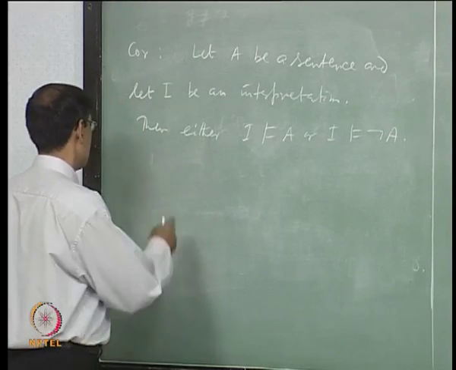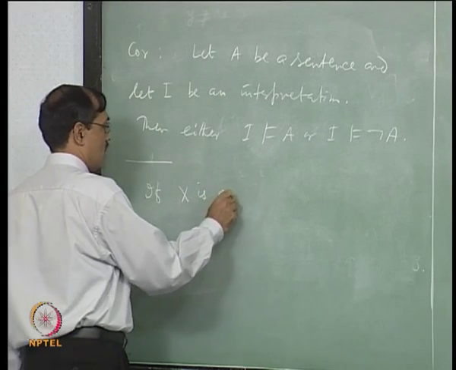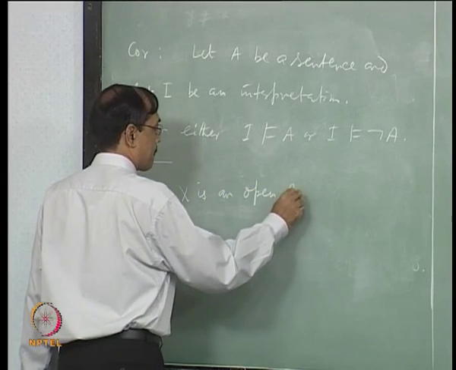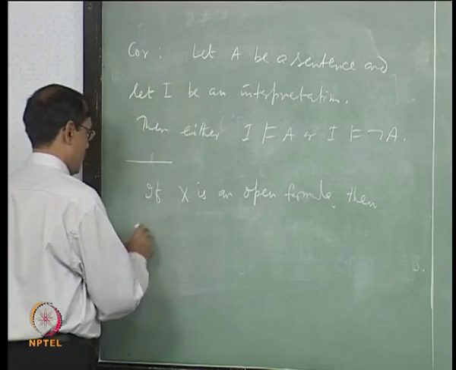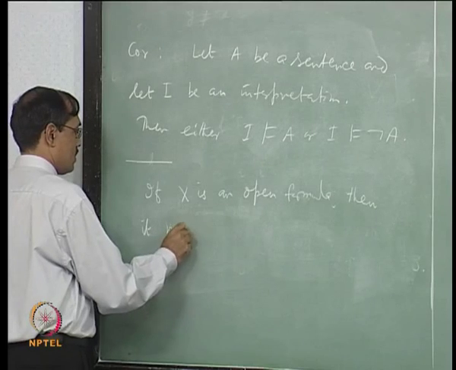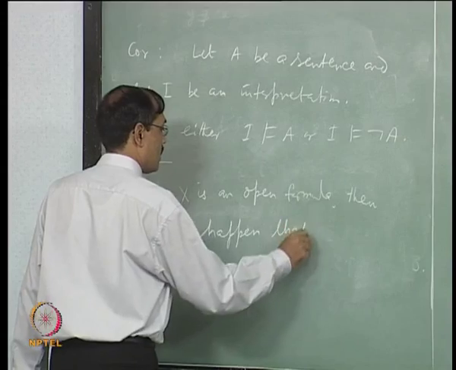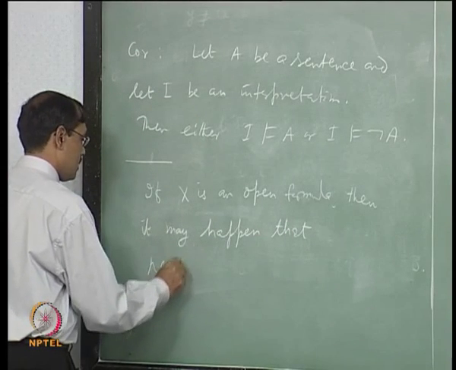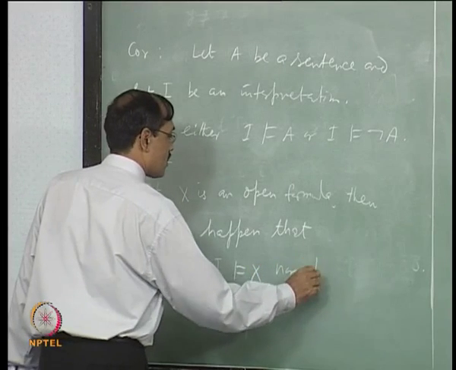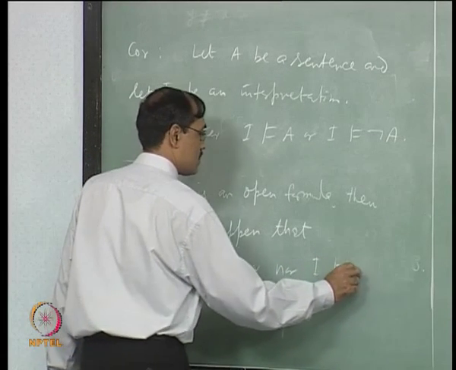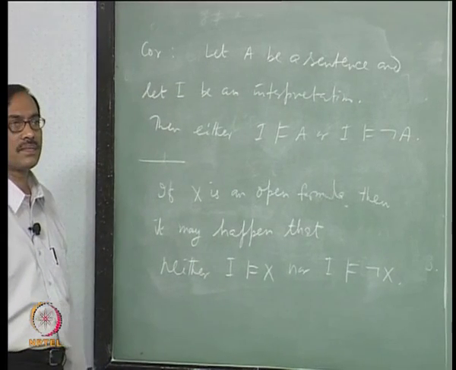Okay. So, that means what we are telling is, if X is an open formula, then it may happen that neither I satisfies X nor I satisfies not X. That can happen.